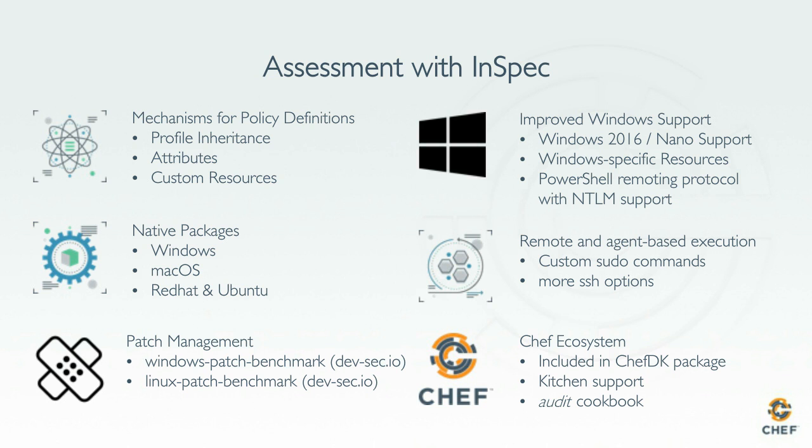InSpec already provides a mechanism to do that, and that's called profile inheritance. That allows you to take, for example, our CIS baselines and then just manage the overlay, which is really cool going forward, because whenever we do an update based on the CIS guidelines, you can just inherit from the updated version and all the overlays stay available.